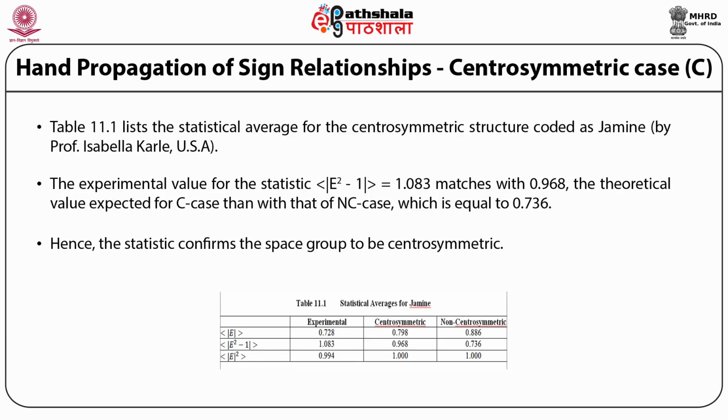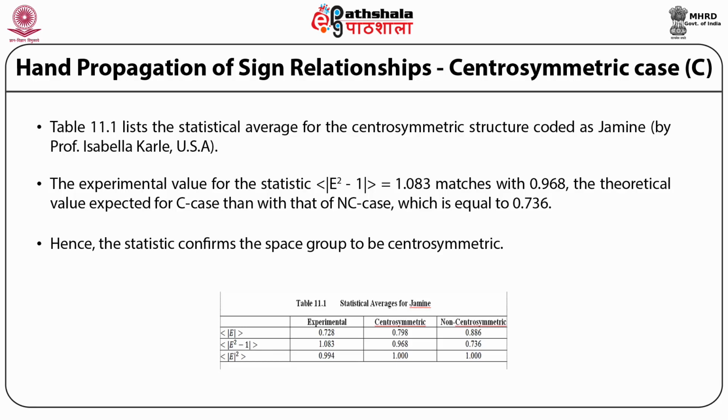Now if you look at Table 11.1 shown here, what it means is, whenever you solve a structure, we have the structure factor amplitude available, and there is a graph known as the Wilson plot, which you have already seen. Using the scale factor and thermal factor, we can convert the structure factor amplitude corresponding to the real atom picture, the spherical atom picture, to the nominal structure factor amplitude corresponding to the point atom model, which is used by direct methods.